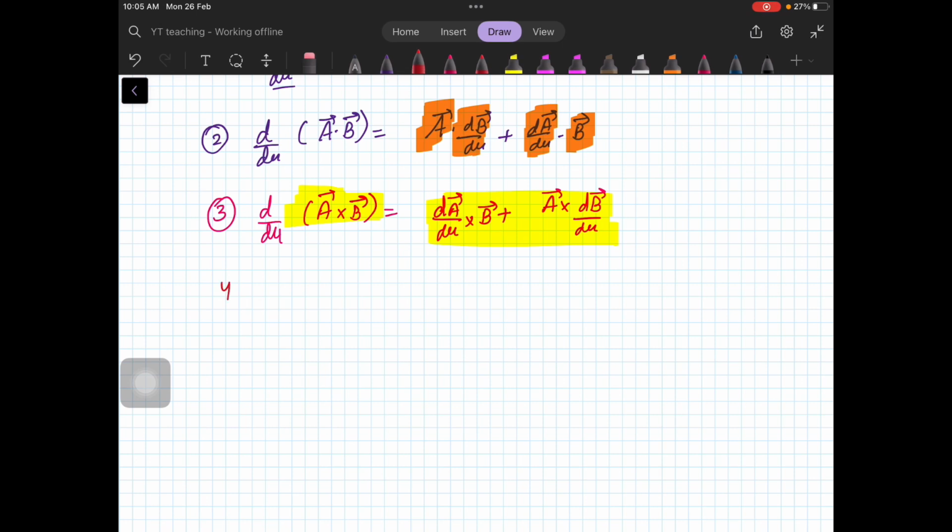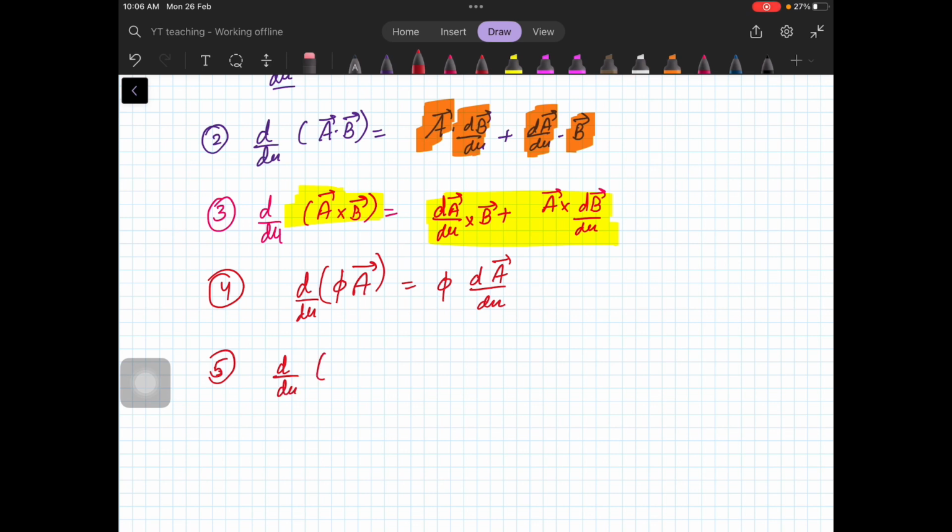The next property: if you have a vector valued function a and multiply it by a constant phi and want to differentiate, you can take phi out and just differentiate your vector. And then we also have the scalar triple product and vector triple product.